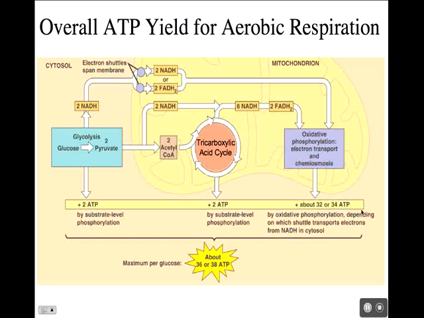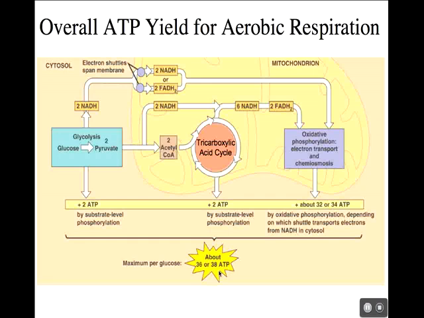If we add that up, 2 ATP came from glycolysis, 2 ATP came from the tricarboxylic acid cycle, and 34 come from the electron transport system. Huge number coming from the electron transport system. Add all up together, and that gives the possibility of 38 ATP that can be made for every 1 glucose that starts this process.